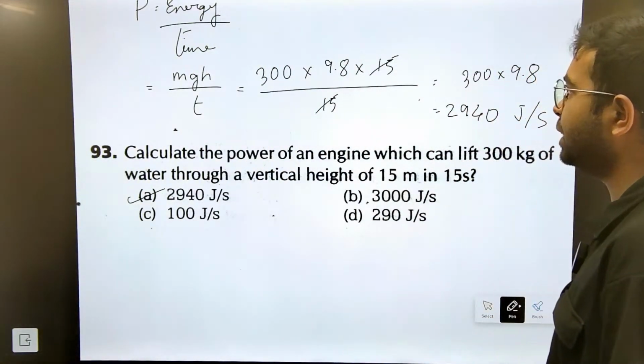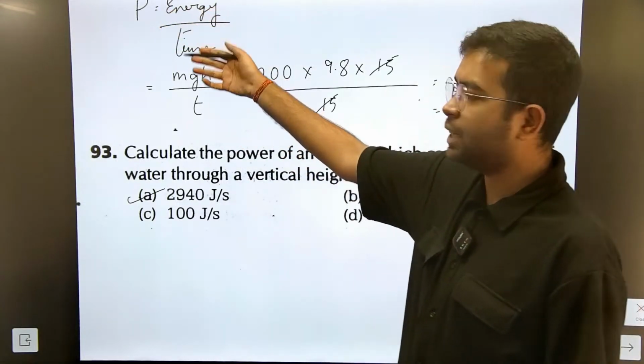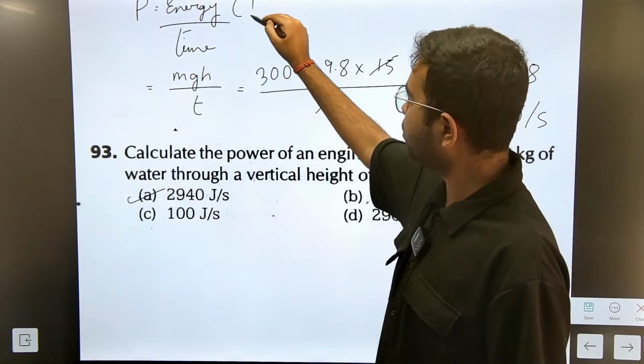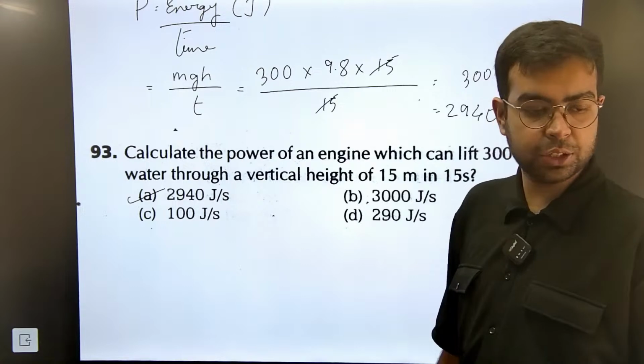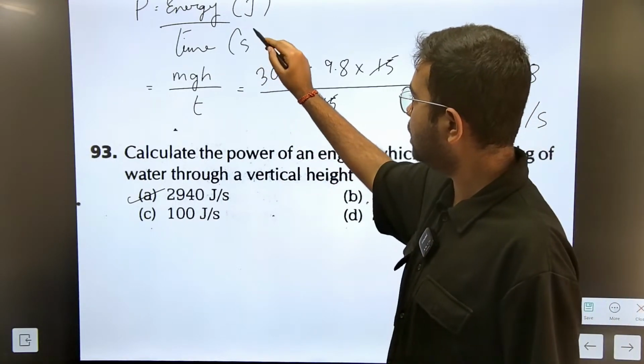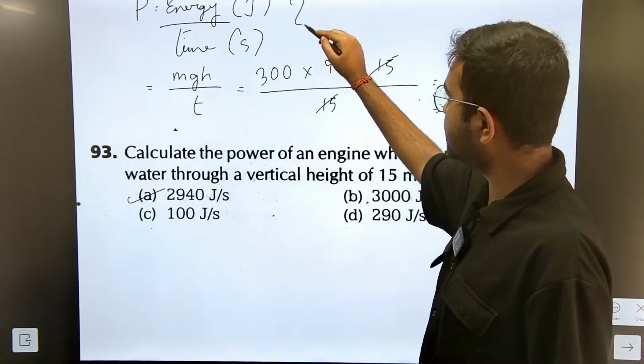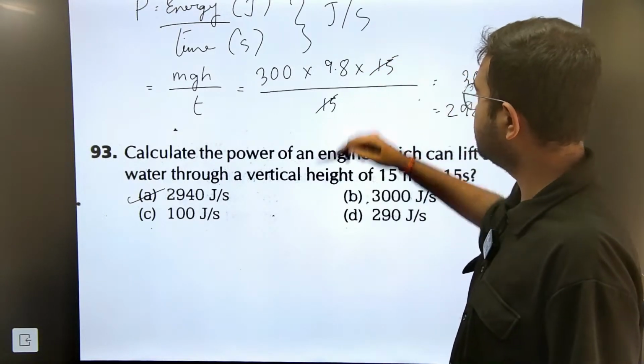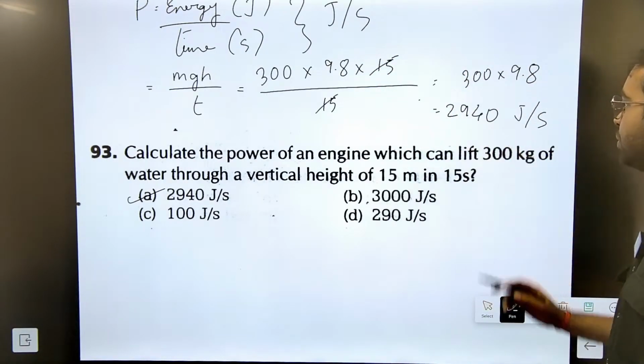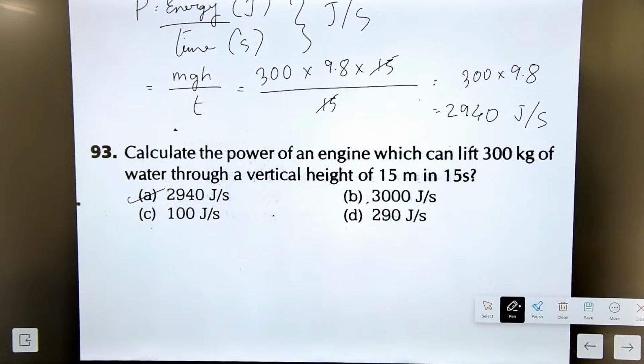Why is it joules per second? Because the formula of power is energy by time. The unit for energy is joules. The unit for time is seconds. So as a result of this, the unit of power is joules per second. The answer we got is 2940 joules per second. Option A is the correct answer. Please note it down.